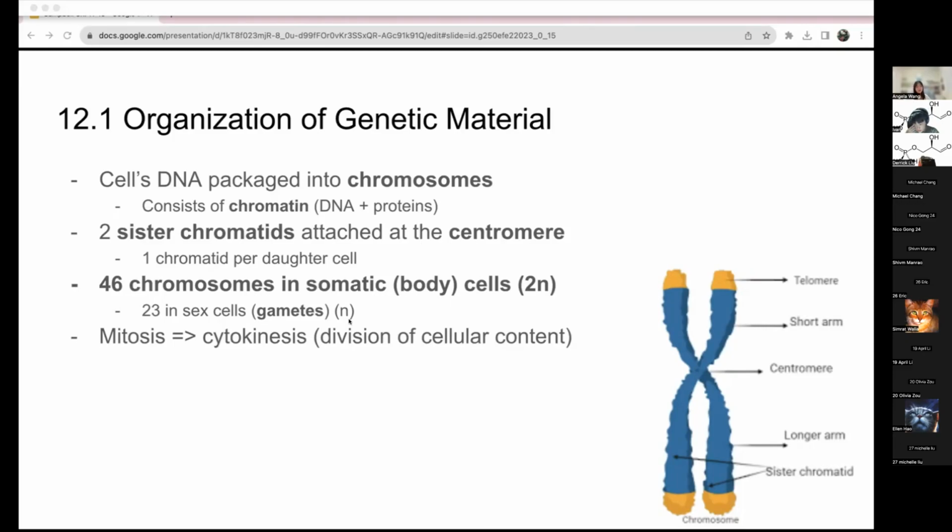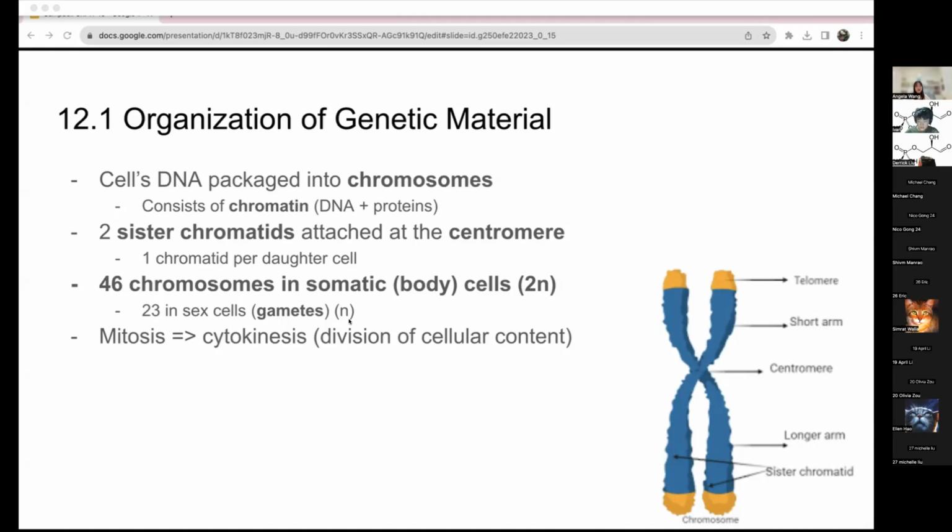Out of these 23 chromosomes, one of them is a sex chromosome, either X or Y. So if you have two X chromosomes in your somatic cells, you are a female. And if you have an X and a Y chromosome, you are a male.